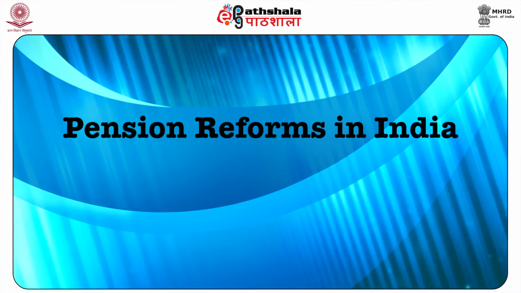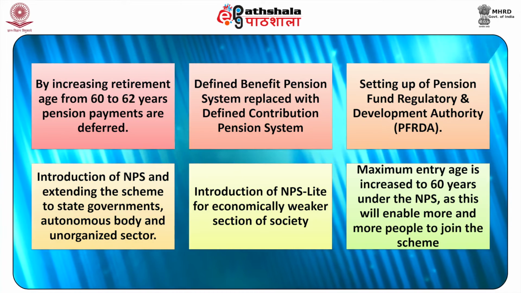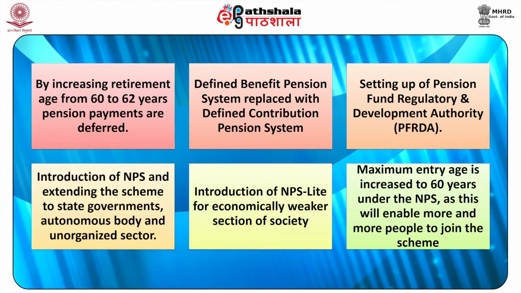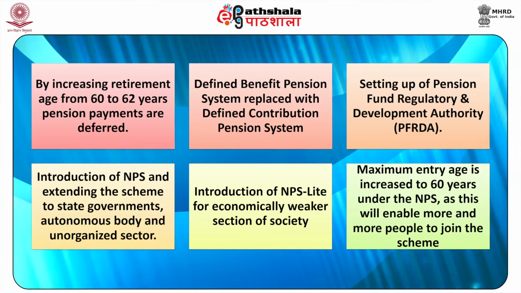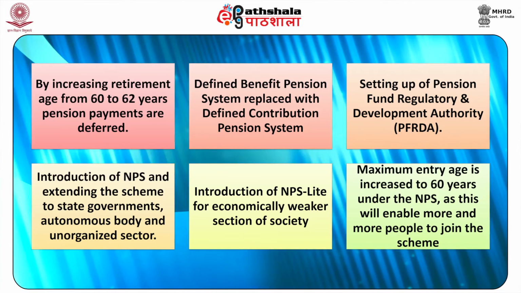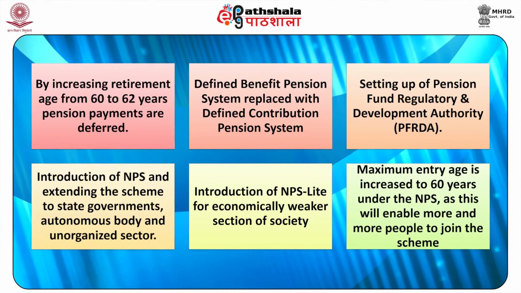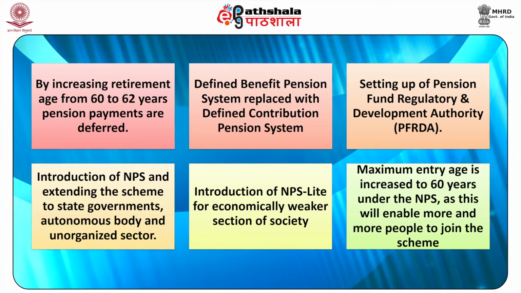Pension reforms in India. 1. By increasing retirement age from 60 to 62 years, pension payments are deferred. 2. Defined benefit pension system replaced with defined contribution pension system. 3. Setting up of Pension Fund Regulatory and Development Authority, in short PFRDA. 4.